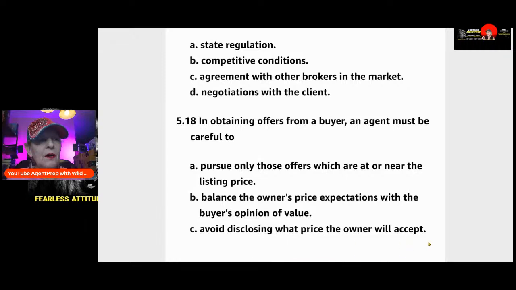So the agent that is representing the seller cannot disclose. Okay, they are obtaining offers from buyers and from buyer agents. So if we're helping a buyer that called us on our listing, on our property, we immediately have to disclose that we represent the seller, and we cannot guide them or advise them nor negotiate with them.